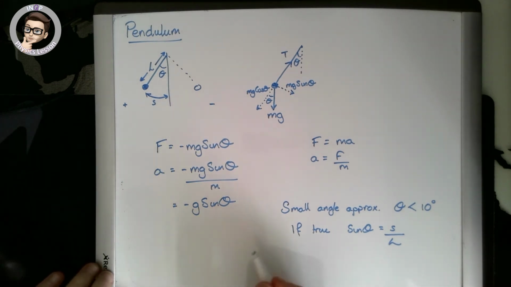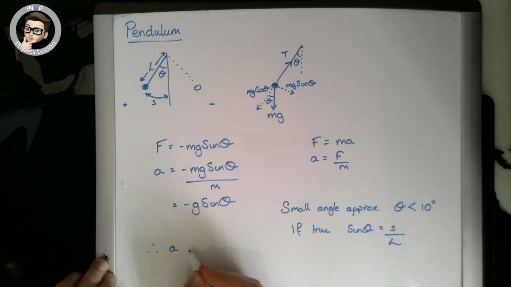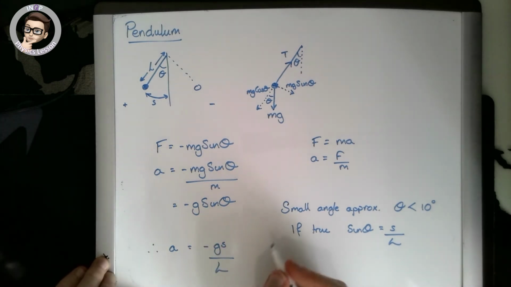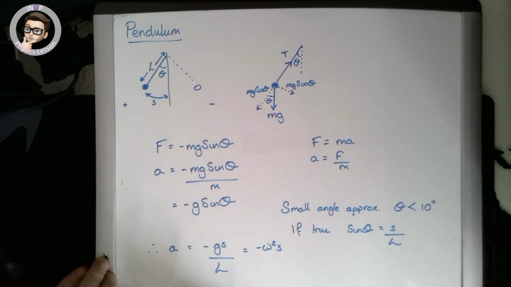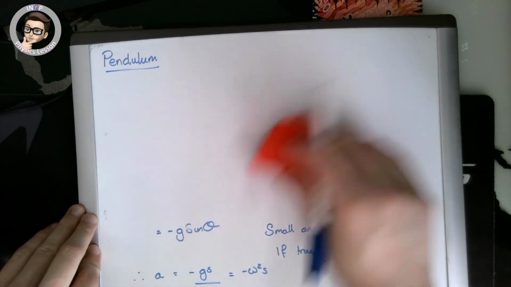So that allows us to say that the acceleration is going to be equal to minus g s over L, and we can also say that that's minus omega squared s, where s is my displacement. Just go back up to the top and get rid of our diagrams.